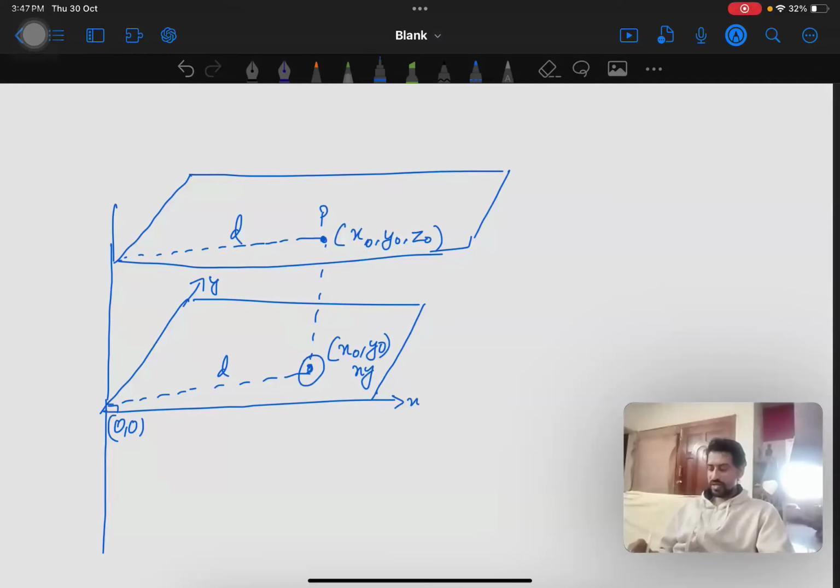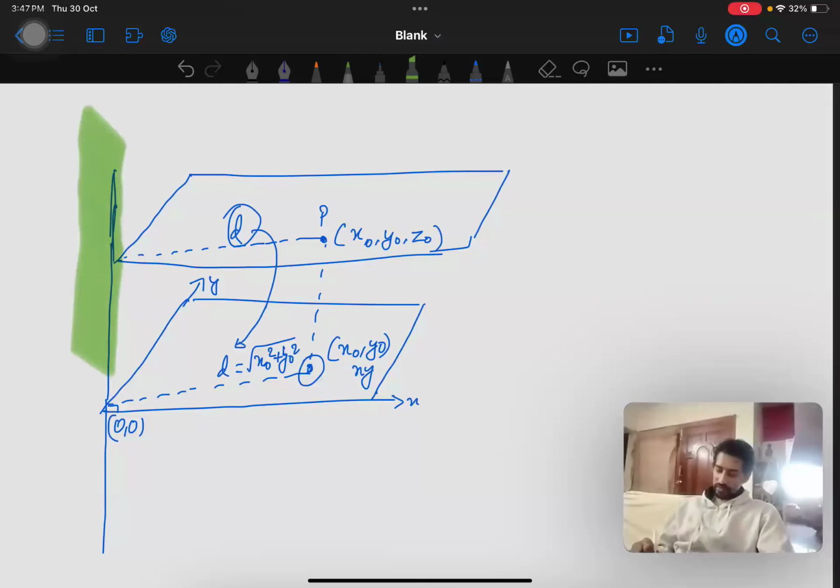Can we say that this distance would be root of x naught square plus y naught square? And therefore, this distance over here would also be the same as this particular distance. Fine. The idea is clear, right? Why? Because this particular plane is perpendicular to the xy plane, which means that this is parallel to the z-axis.